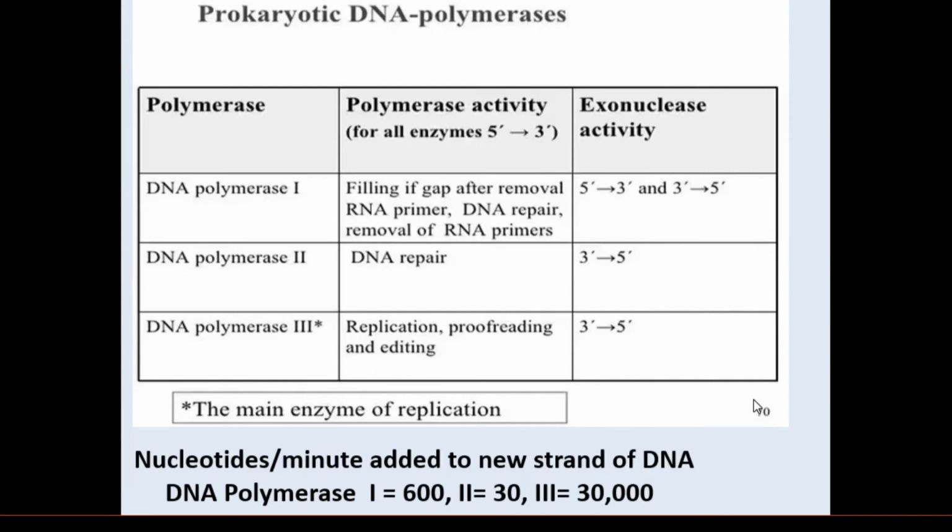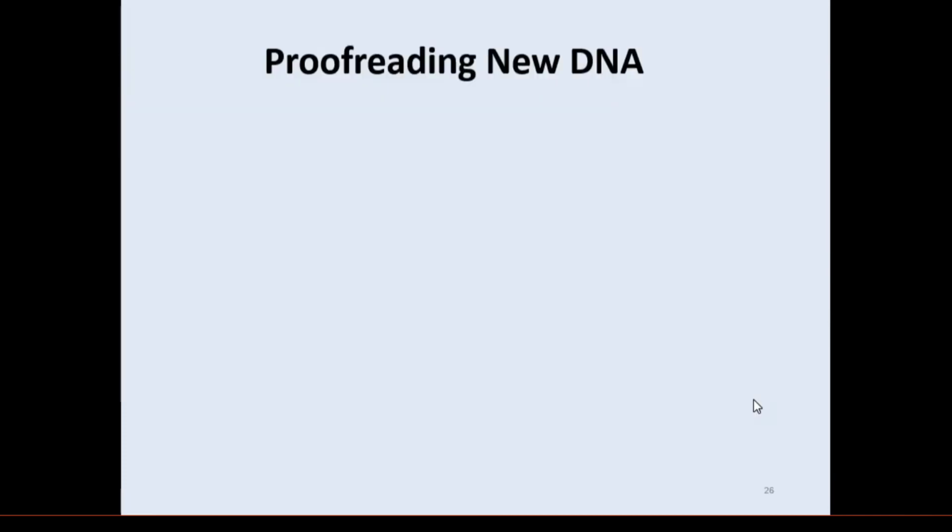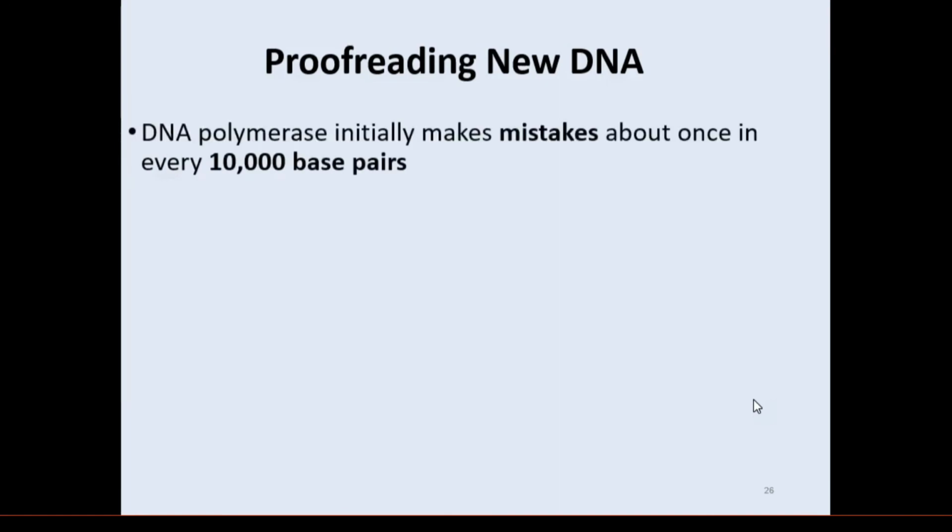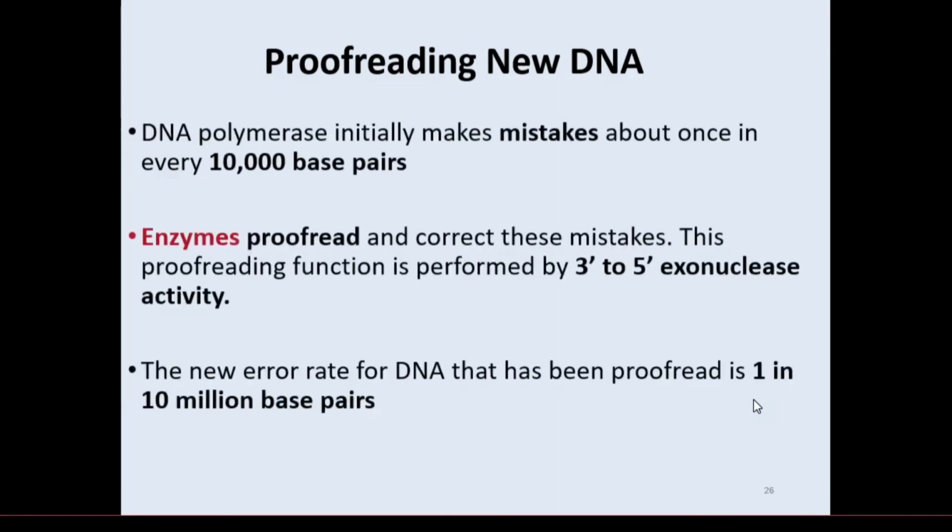Proofreading of new DNA. DNA polymerase initially makes mistakes about once in every 10,000 base pairs. I told you that DNA polymerases 1, 2 and 3 all have 3' to 5' exonuclease activity. So the enzymes proofread and correct these mistakes.